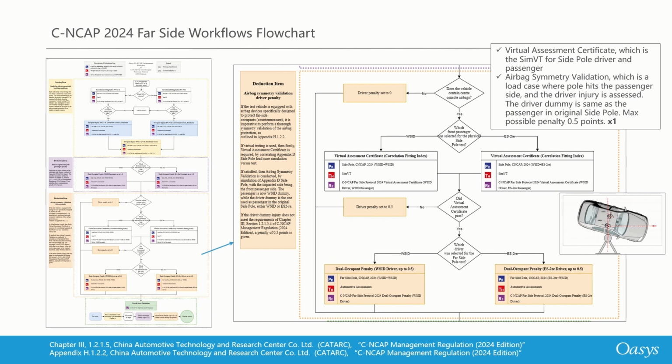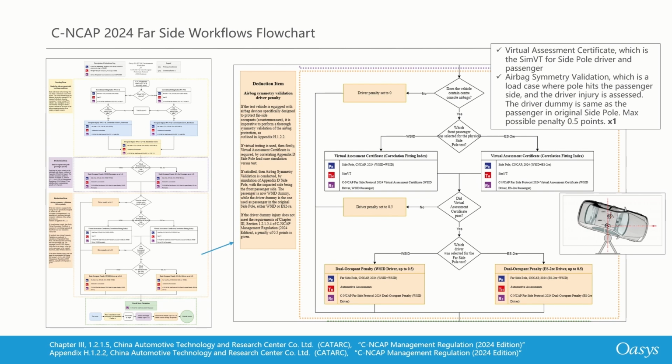So in this case, if we took a World SID front passenger, then we'd follow the left-hand side. We can set up the protocol in Primer and assess it in SimVT to determine if we pass the virtual assessment certificate. And there's also a reporter template which can be used to report the virtual assessment certificate status.